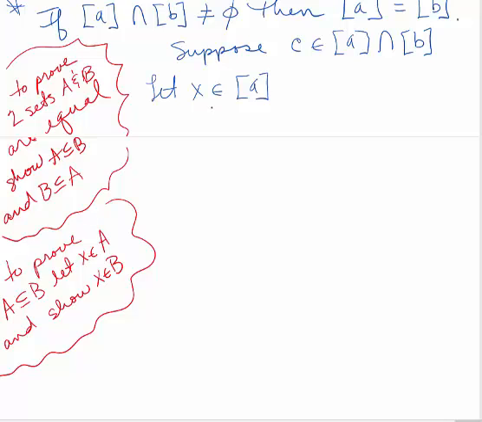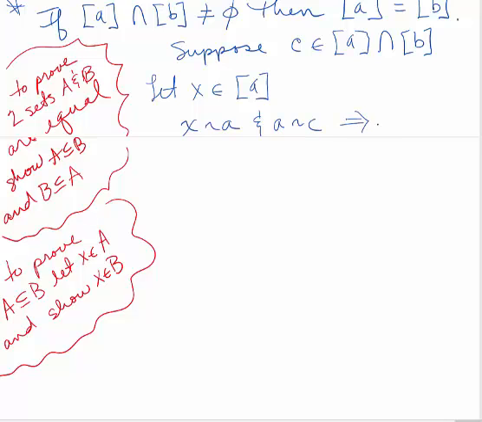Well, if X is in the equivalence class of A, then we know that X is related to A. We want it to be related to B. But we also know that C is in both of those equivalence classes. So X is related to A, and A is related to C. So let's try to use our transitive property here.